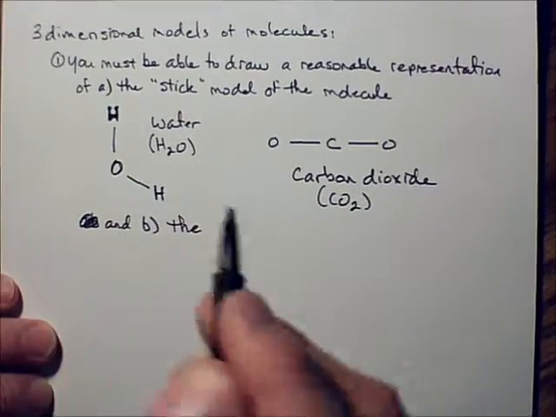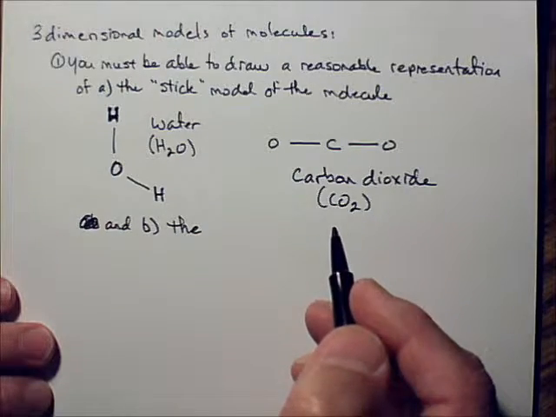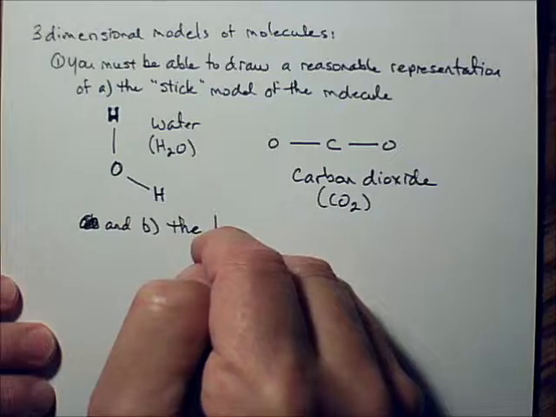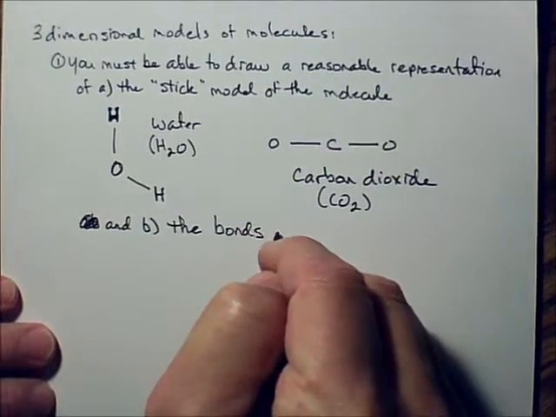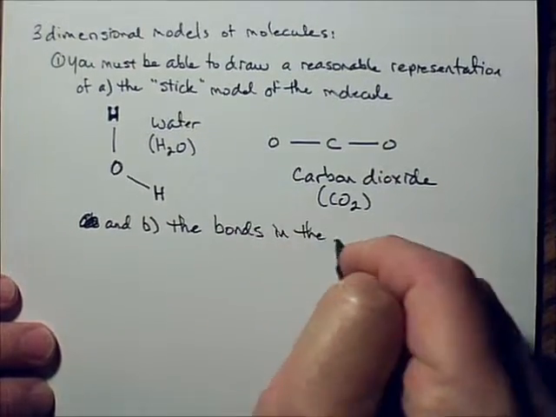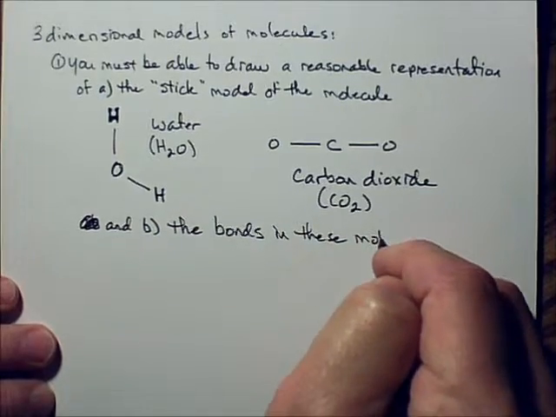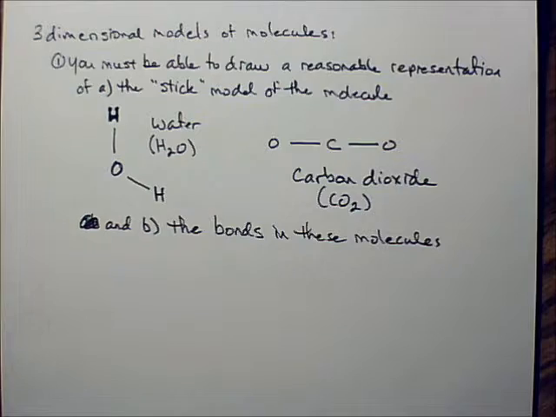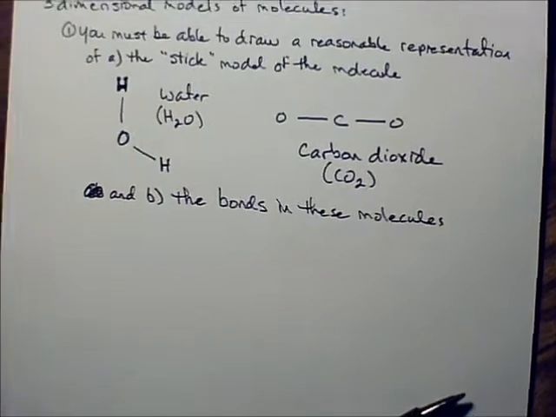And the other type of model you must be able to draw reasonable representations for is the bonds in these molecules. And that's what we did with the balloons. We made drawings of the bonds.